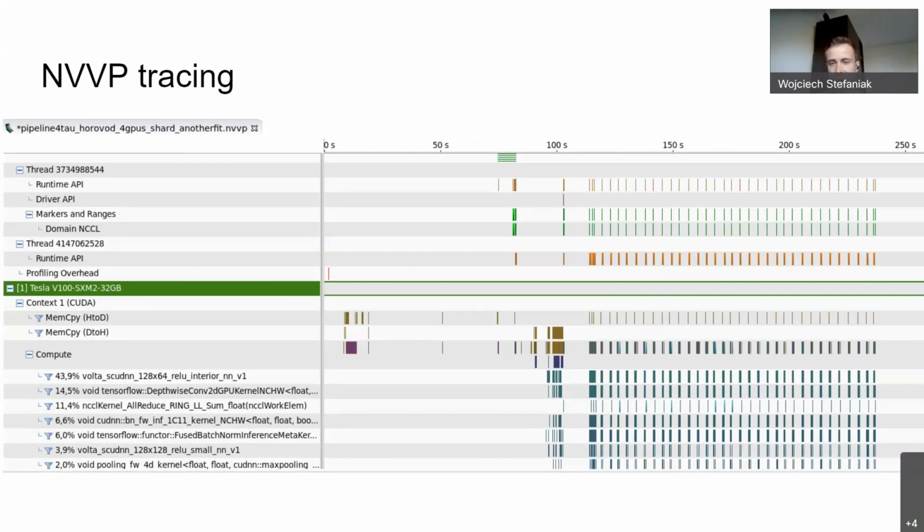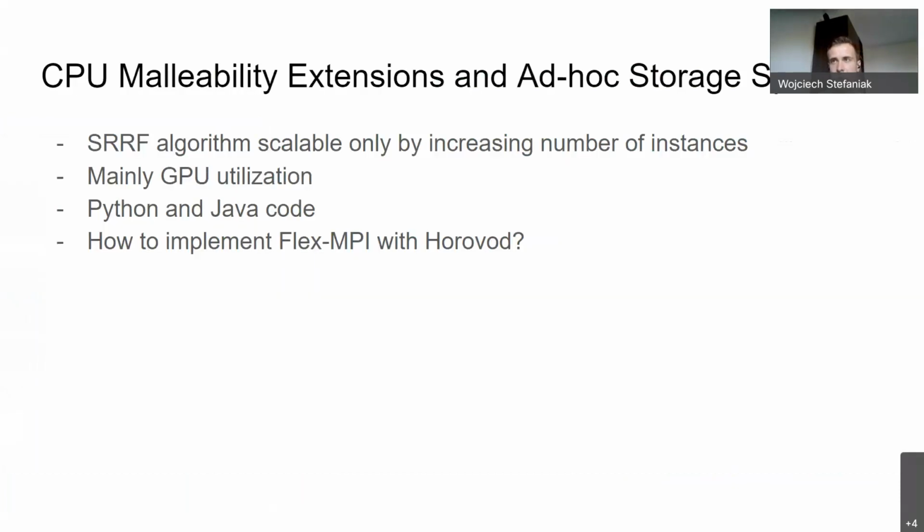This is what I discovered recently after profiling, after digging into our application: we have small times when our GPU is not working because it is probably waiting on the next batch. So that is the place where caching or an ad hoc storage system for our dataset would come in handy.